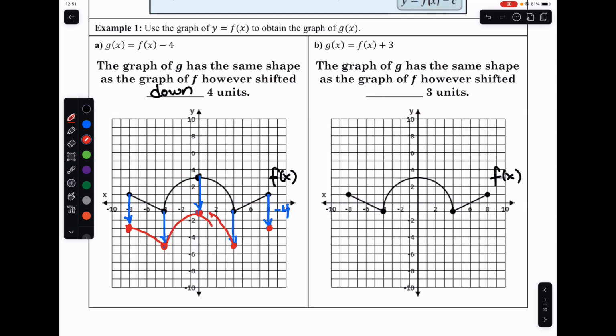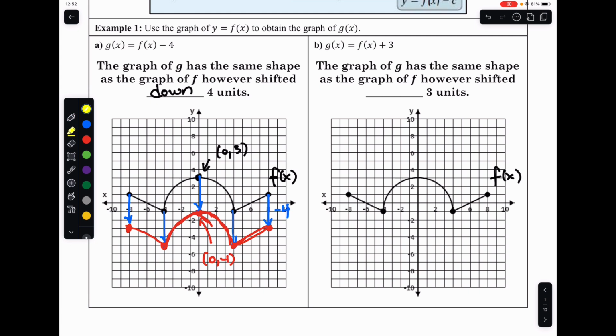Okay, my arch came out a little bit wrong here. So you see that the shape is the exact same. And what I want you to pay very close attention to is this fact right here. Let's say this point right here has an x value of 0 and a y value of 3. When I move that point down 4, the x value is still the same, but the new y coordinate is negative 1.